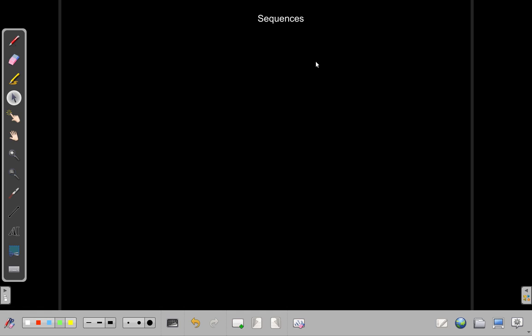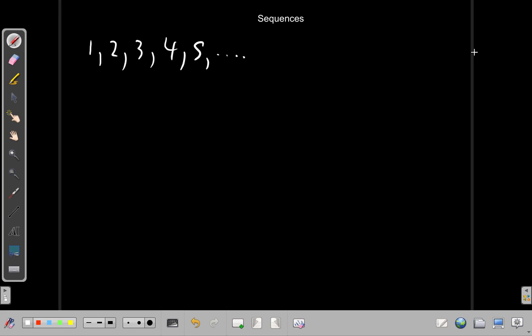Now, one example that I can give you, an example of a sequence, would be, say, 1, 2, 3, 4, 5, and so on and so forth. The dots means it goes on and on, right? It goes on and on to infinity.